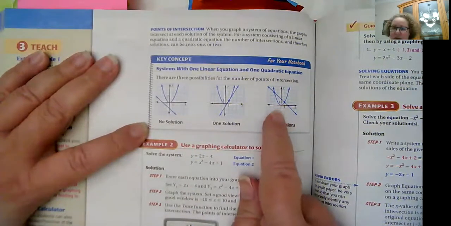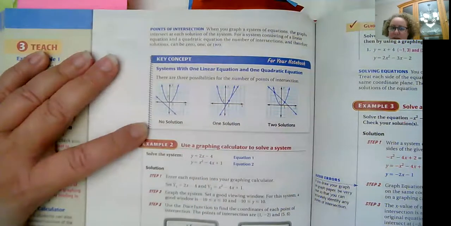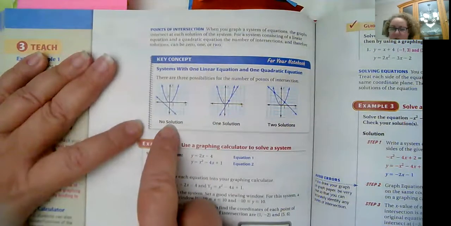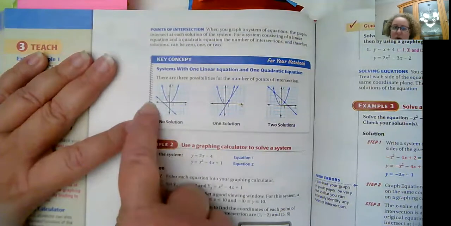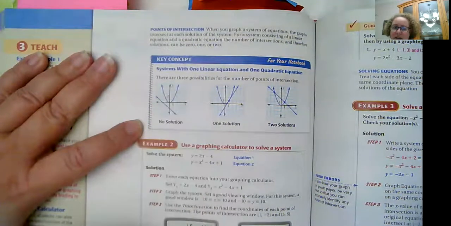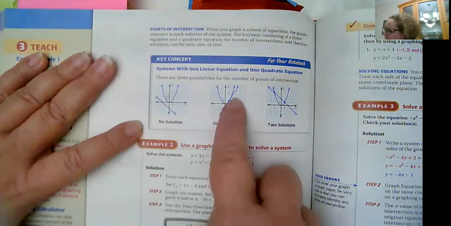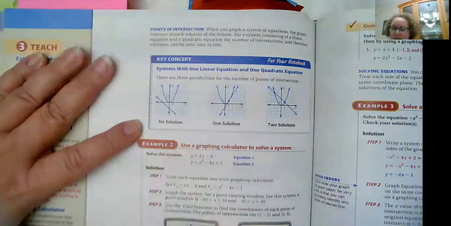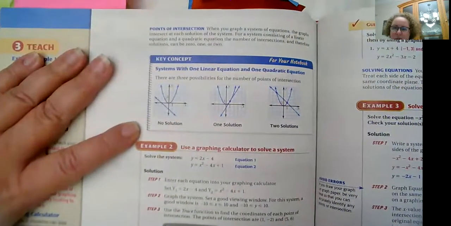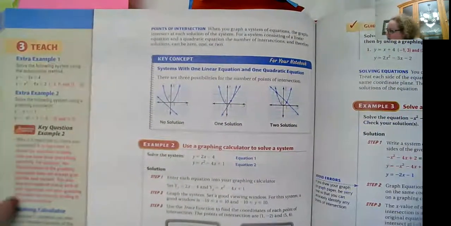So it's going to have a scenario like this, where the line crosses through the parabola at 2 different points. If you get no solution, that means that your line does not intersect the parabola. If you only get one solution, that means it hits exactly at 1 point. It's tangent to it.